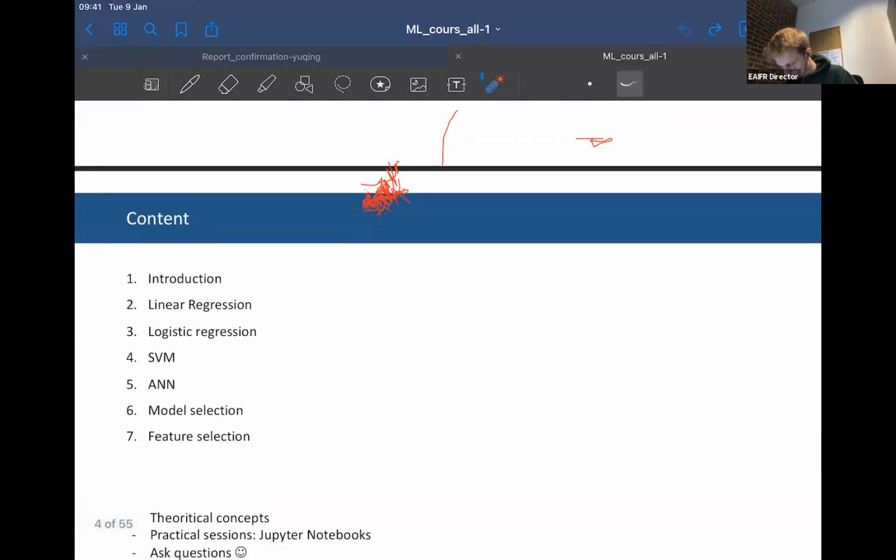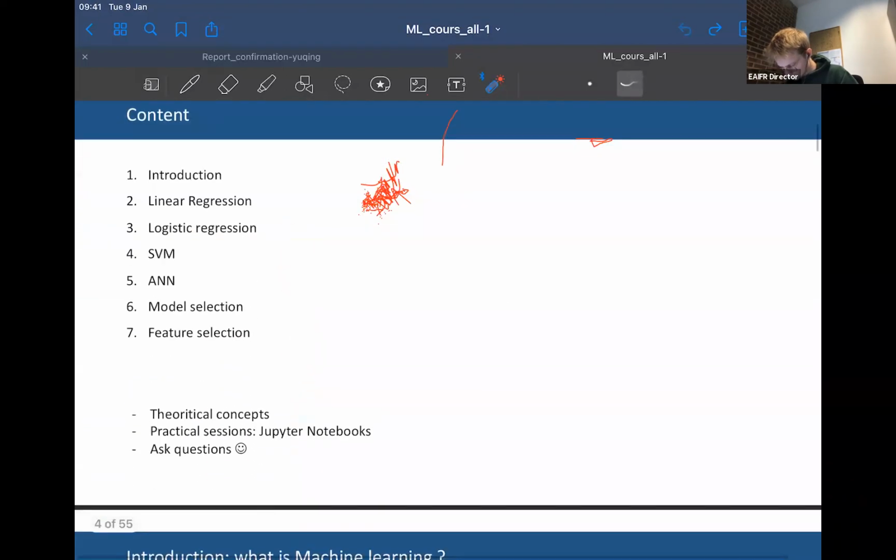Okay, so I've spoken about the structure. I will try to introduce the theoretical concepts. It's important to have at least a bit of understanding of what happens in theory, and then at the second level, I will also like to have notebooks where we will really try to implement the models ourselves and where we will fit on existing data.